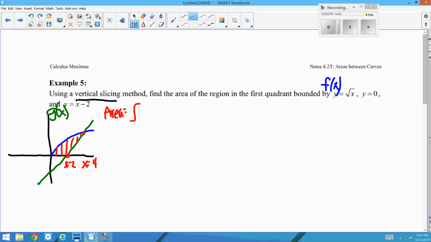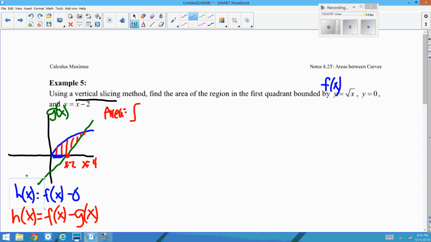From 0 to 2, the height is strictly given by f of x minus 0. Then my height after that is f of x minus g of x. That would be this section here. And my width is a delta x.